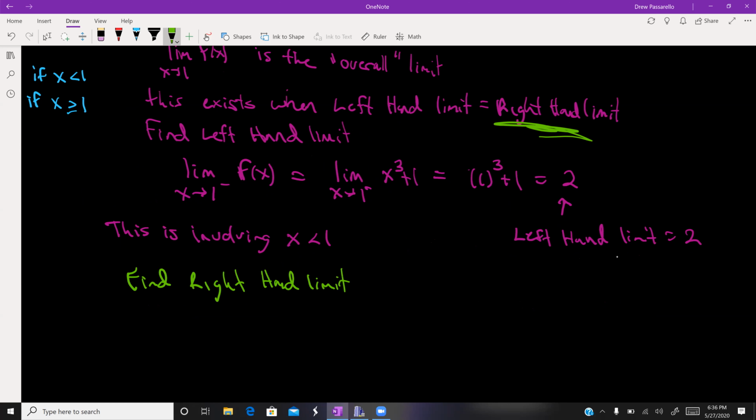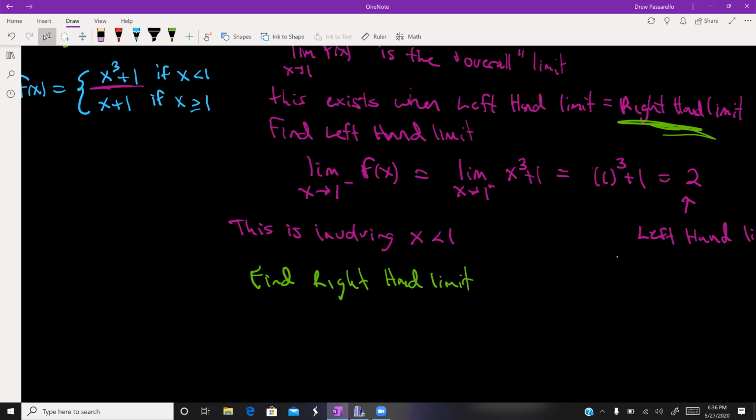So really I'm going to be involving the bottom piece. So this involves x values that are greater than 1 if I'm approaching 1 from the right side.